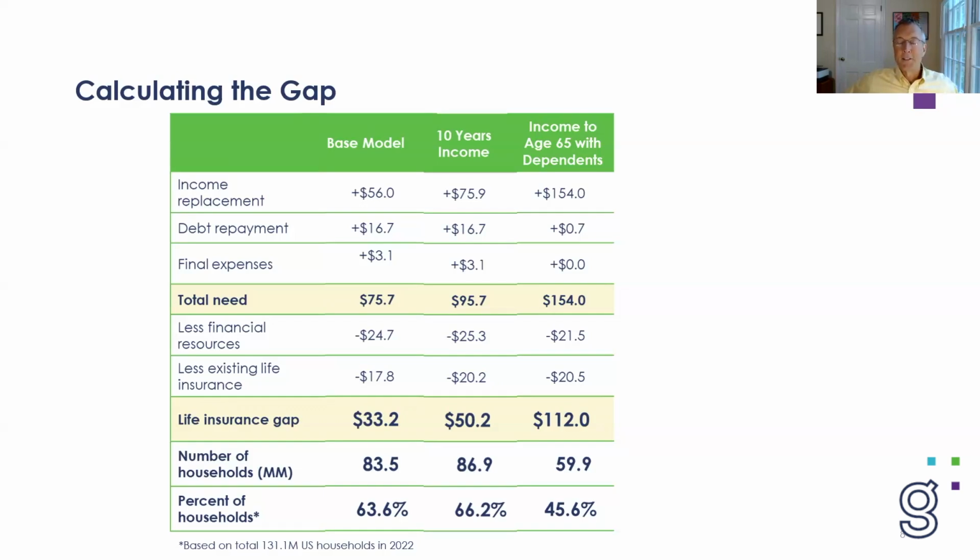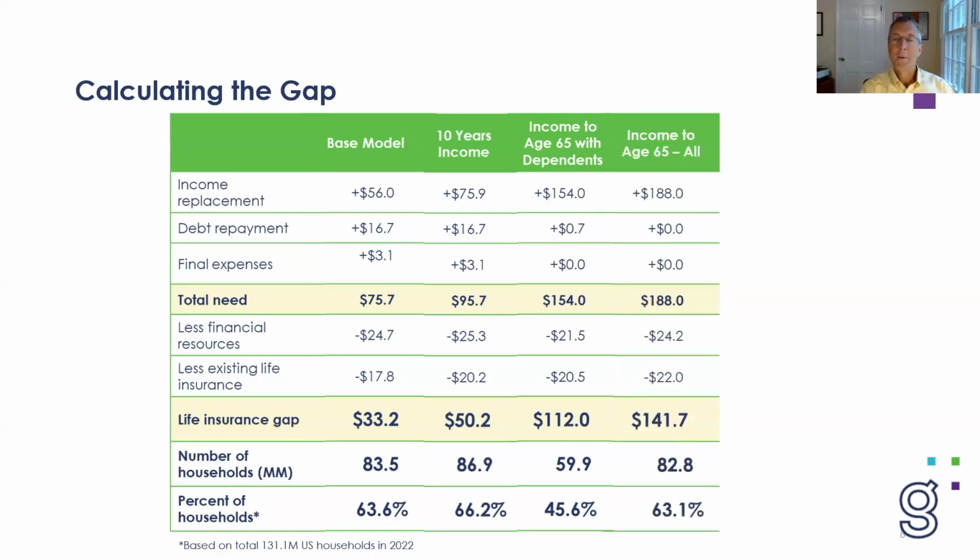The need just gets huge, right? It's $112 trillion. But there actually is merit in looking at using life insurance to replace income for the rest of your working years. And it's one way of using life insurance to build intergenerational wealth and also define human life value. So there's actually some merit in that method.